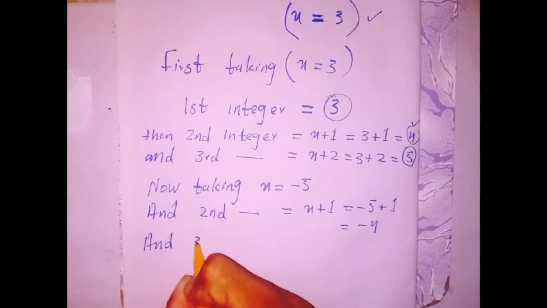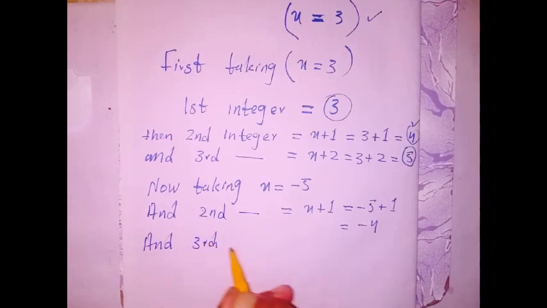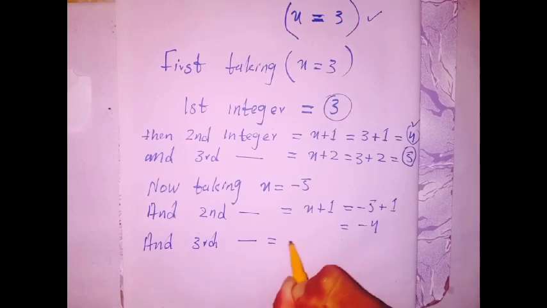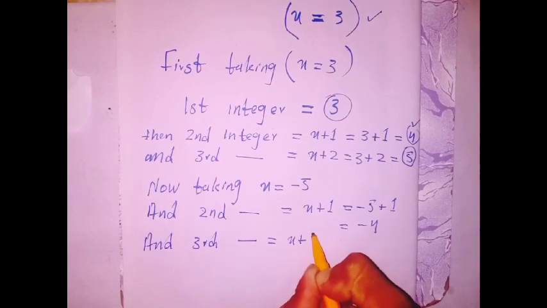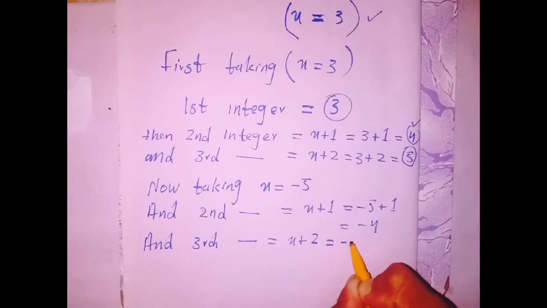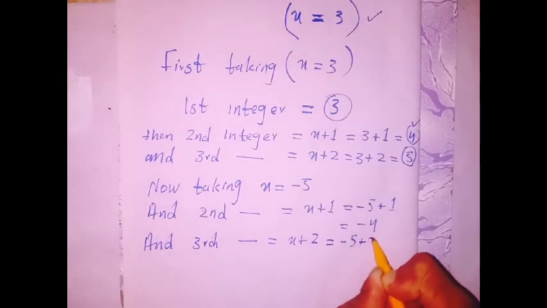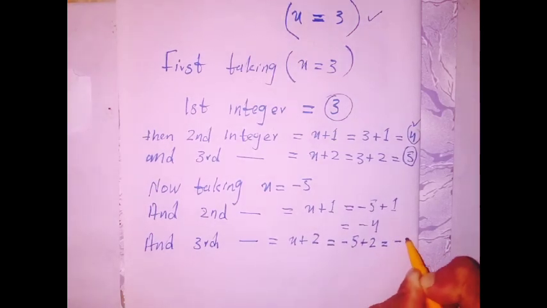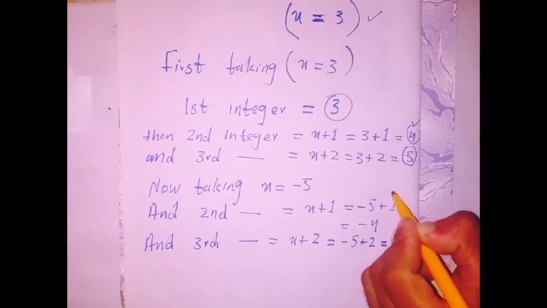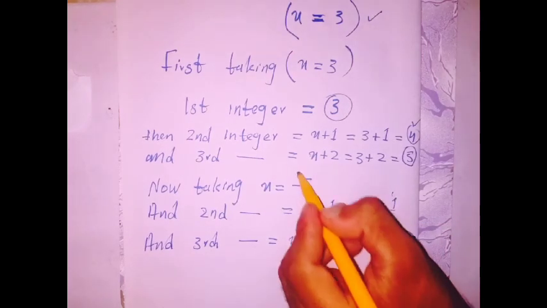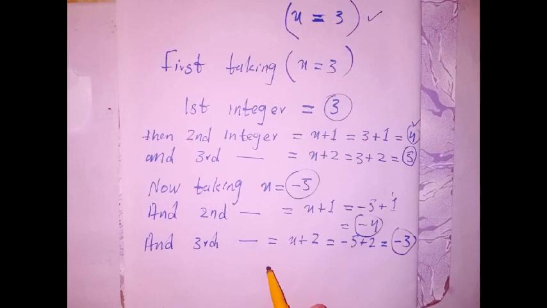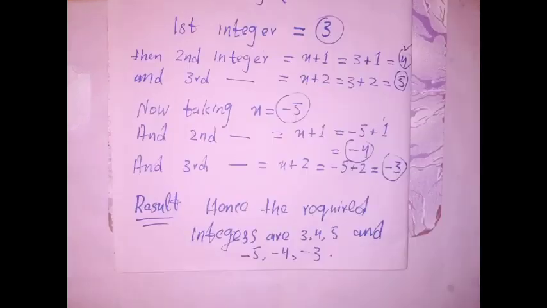The third integer is x plus 2, so putting the value of x, minus 5 plus 2 is equal to minus 3. So we have first integer minus 5, second minus 4, and third minus 3.